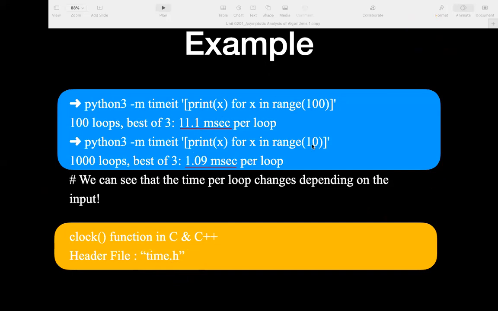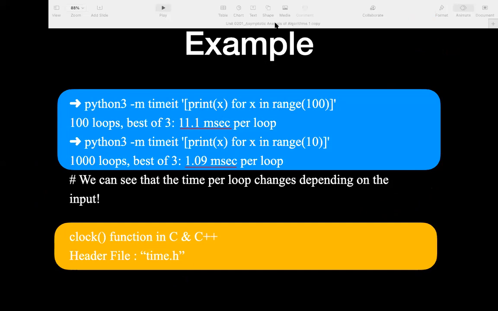The whole point of this example is that as the input size increases, the time of execution is also going to increase. We will soon see how we are going to depict it, whether it is good or not.